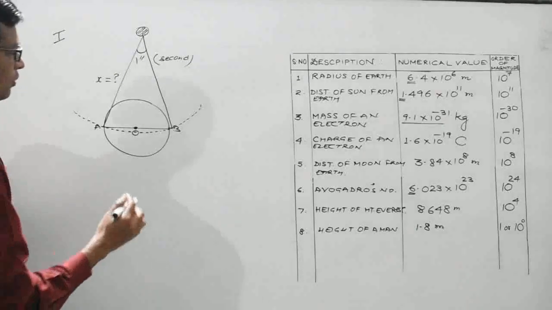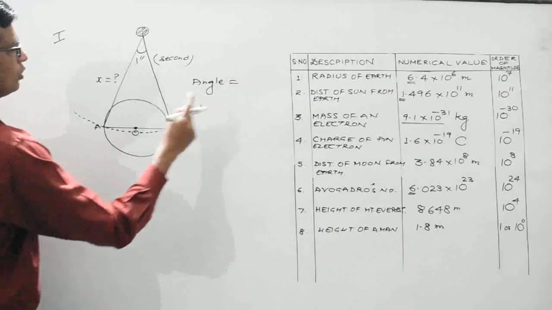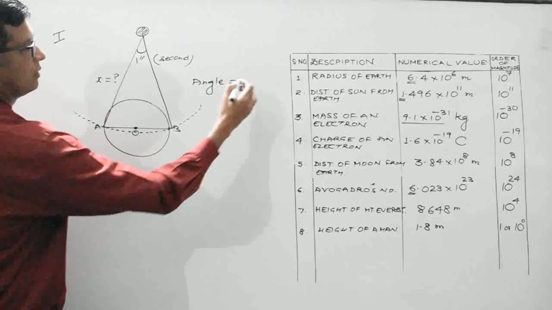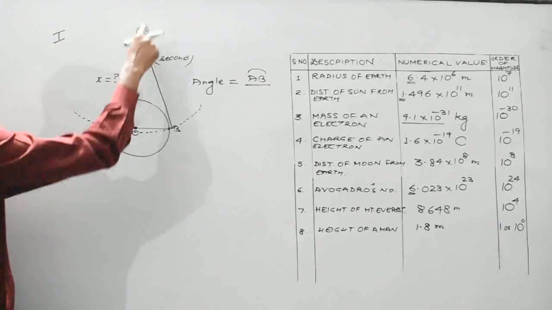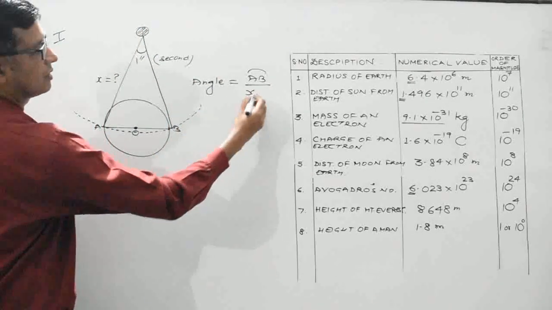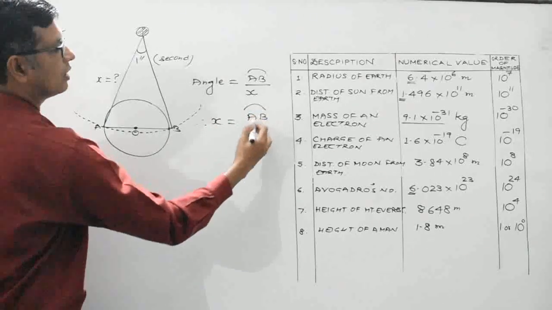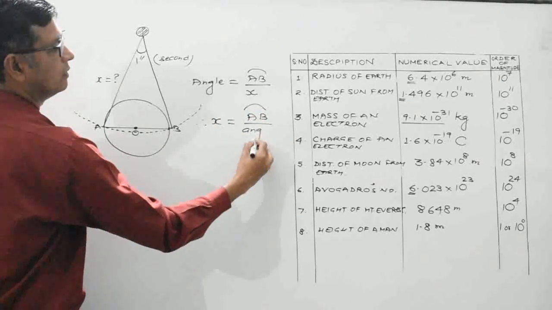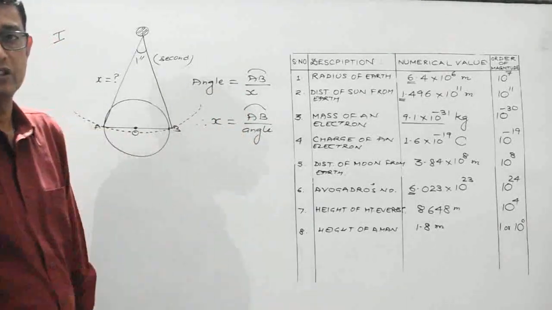So, what was the formula? You are aware, angle is equal to length of the arc divided by radius, which in this case is x. Therefore, x would be equal to length of the arc divided by angle. Right? This is the thing which is to be used over here.